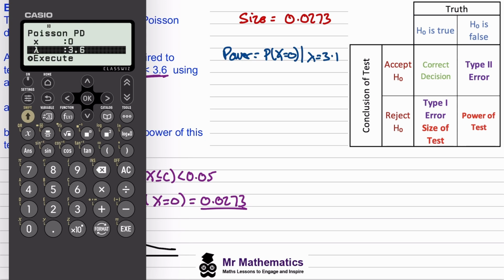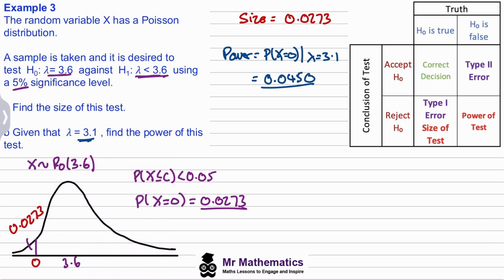And lambda is 3.1. We'll execute that, and we get the power as 0.0450 to 4 decimal places. Okay? So there's a 4.5% chance of us rejecting H0, given that H0 is actually false. Let's try the exam style question.